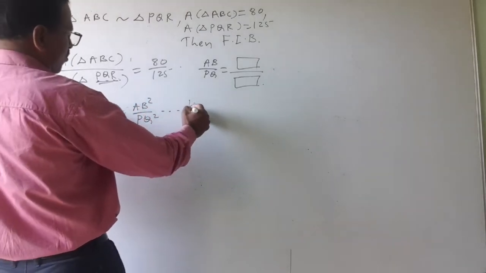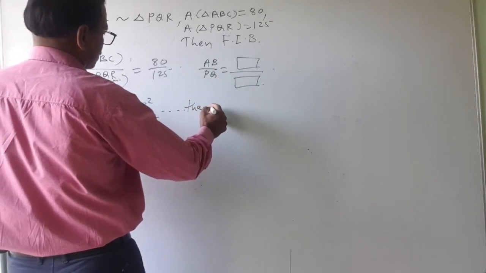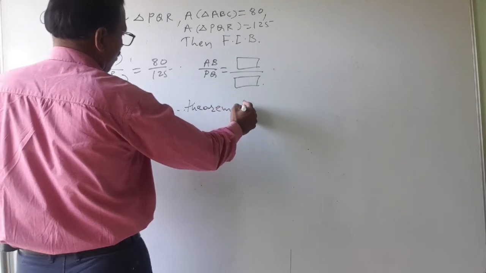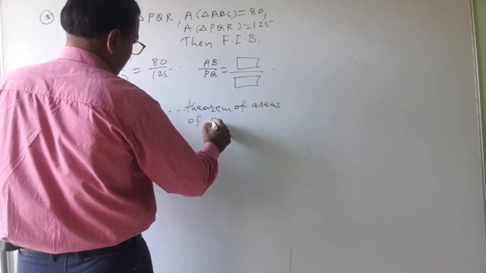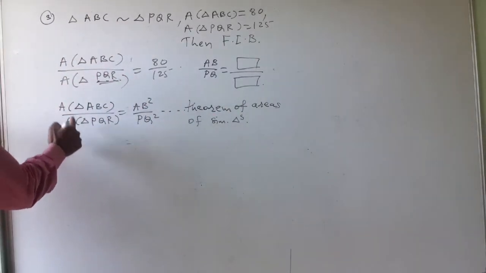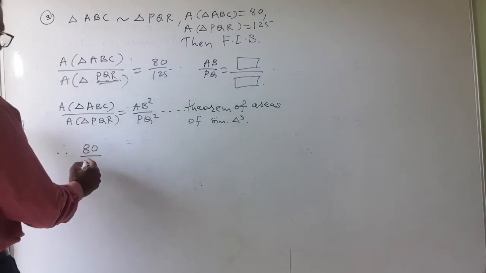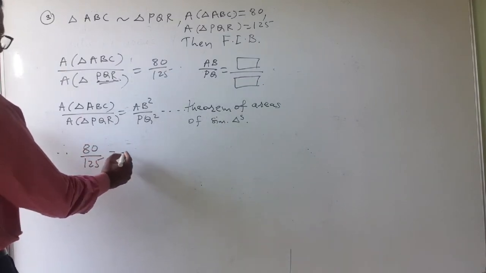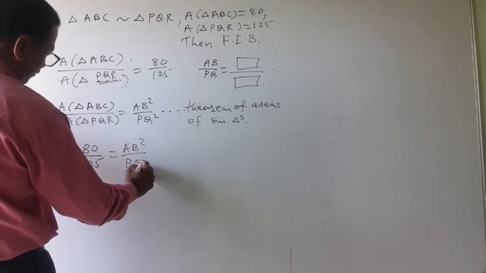Reason: theorem of areas of similar triangles. Therefore, this is 80 upon 125, that is equal to AB square upon PQ square.